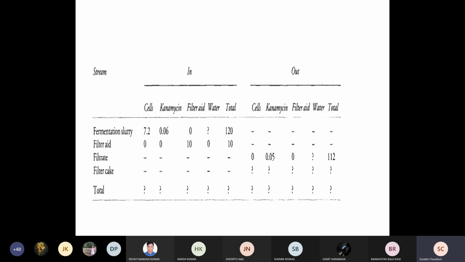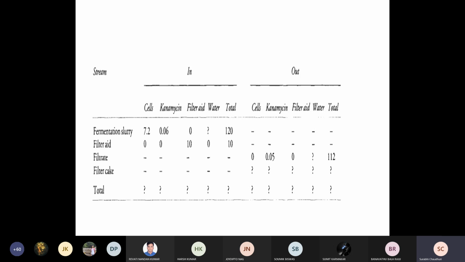Now let's see the in. In the fermentation slurry, cells is 7.2 because it is 120 kg per hour. It has 6% cells. That is given. 1 kg filtrate has 60 gram cell solids. That was given. So cells is 7.2.